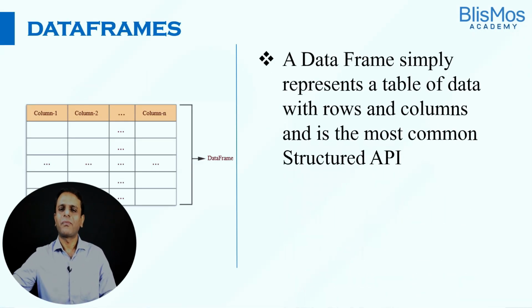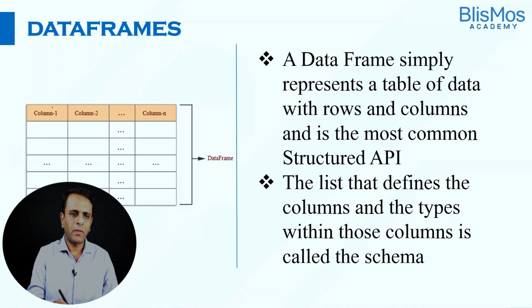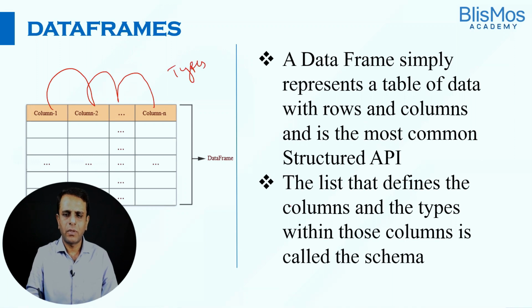Data frames are almost like a collection of rows and columns. We have already discussed that, and we already indicated it is one of the important structured APIs. And if you look at the columns that are there, if we define the types of these columns, then we call it a schema.